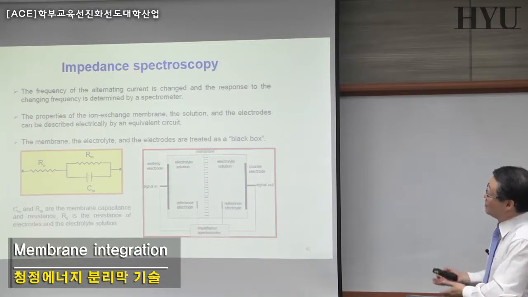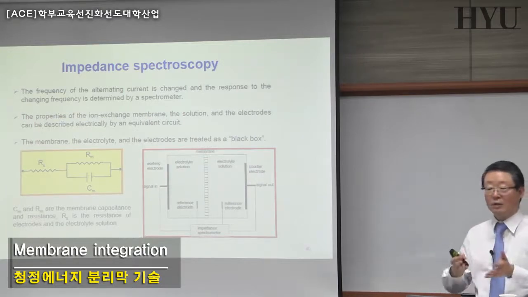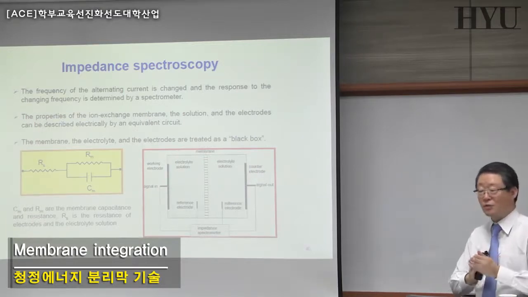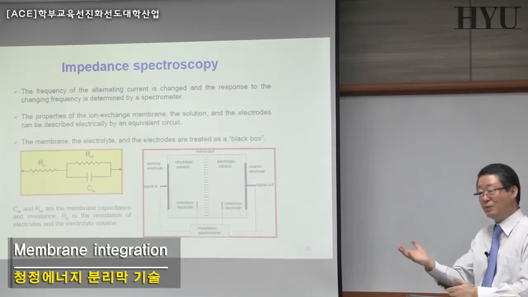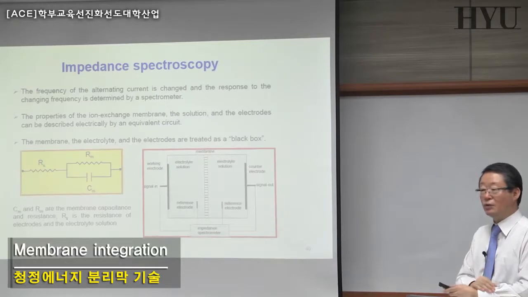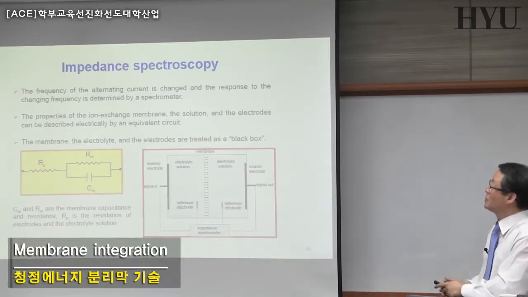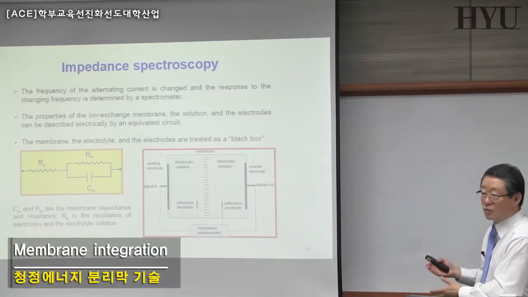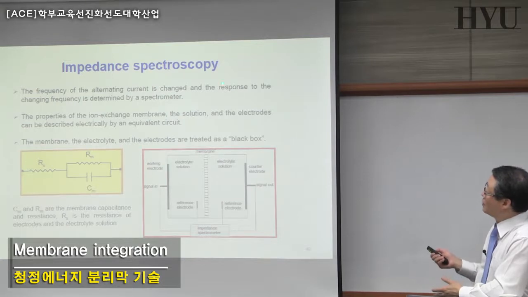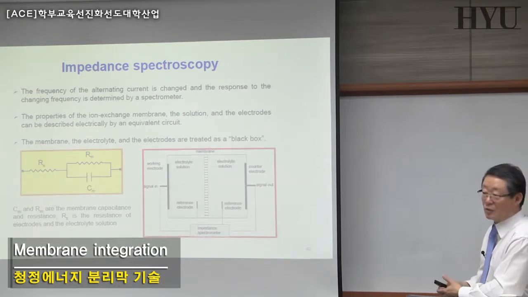So this is the principle of how we can calculate the area resistance or membrane resistance by using the alternating current. And that principle can be applied to measuring impedance spectroscopy. Impedance is related with the resistance, so that we can measure this resistance or impedance by using what we call impedance spectroscopy.